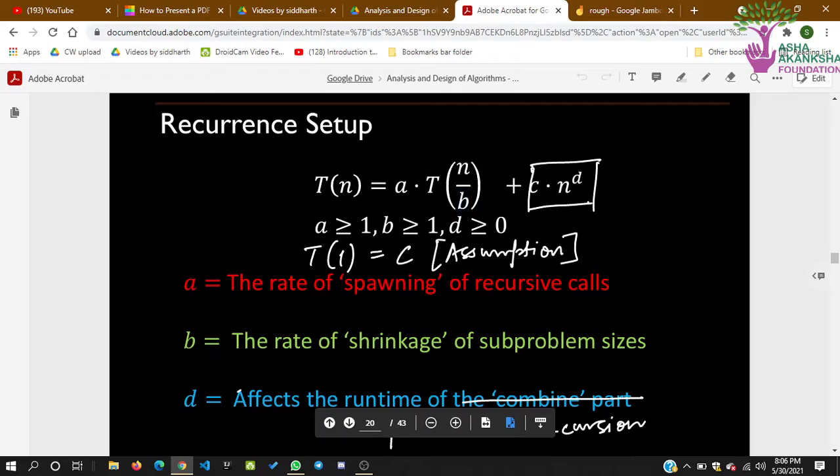And d basically affects the runtime of the combine part of the recursion.